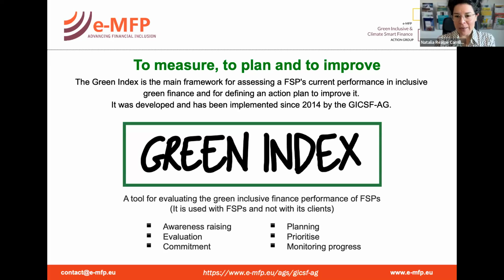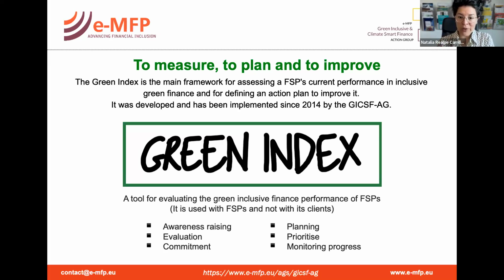So what is the Green Index about? The Green Index is a tool for the financial service providers. It's not for the clients. It is meant for assessing the FSPs' current performance in green inclusive finance and defining an action plan on how to improve that performance. The Green Index started in 2014. It was a short survey developed by the few members that the action group had at that time.